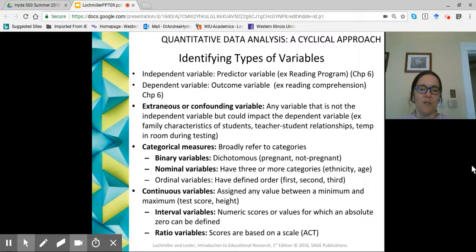And then two kinds of continuous variables: the interval variable, here's the ones that don't have the absolute zero, and then a ratio variable. Scores are based on some kind of scale. So it's not necessarily starts at 0 and ends at infinity. The ACT, for example, scores are based on a scale.